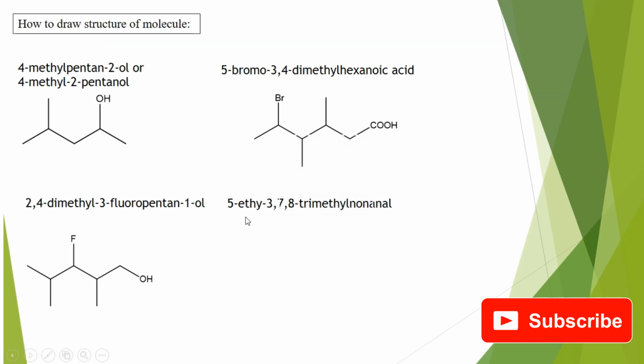Okay, and the 5 position is substituted with the ethyl group and 3 methyl groups are at the 3, 7, 8 positions. See, the total number of carbons in the longest chain is 9. So it is a nonenal having the CHO. The third, 7th and 8th positions are substituted with the methyl group and the 5 position is substituted with the ethyl group. So this is the molecule.